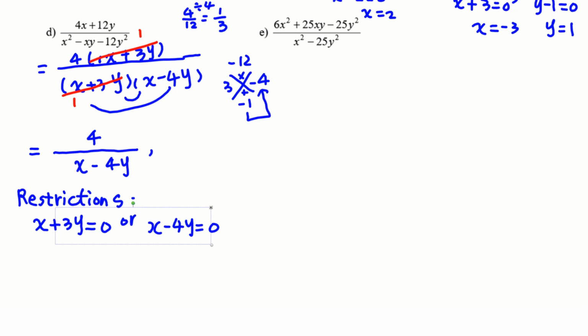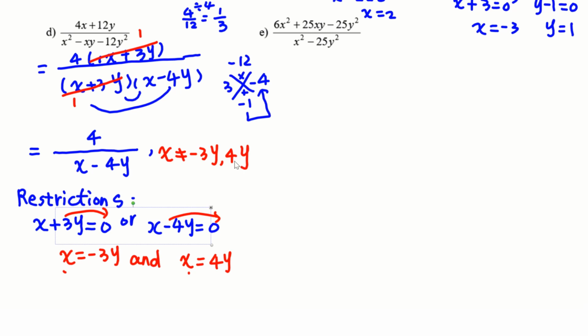So x plus 3y, we solve for x, we move the 3y to the other side, it is minus, opposite operation. And x minus 4y, we move the minus 4y to the other side, it will be positive 4y. So when you have two variables, we just solve for one variable, then it's okay. So the restrictions will be x couldn't be negative 3y and couldn't be 4y.